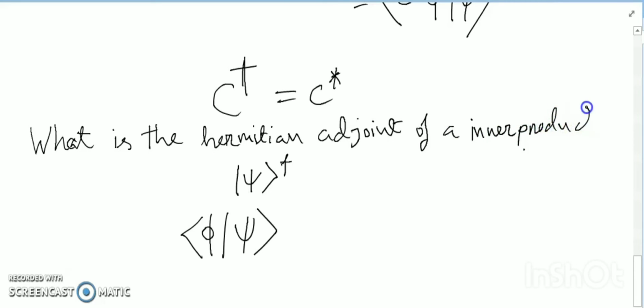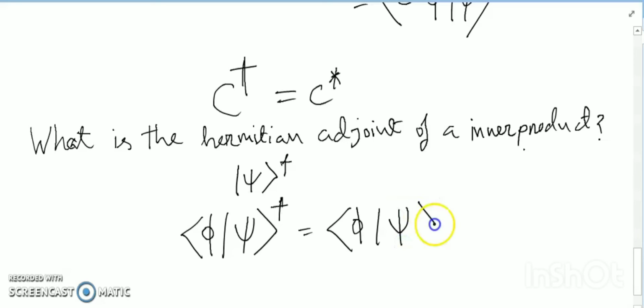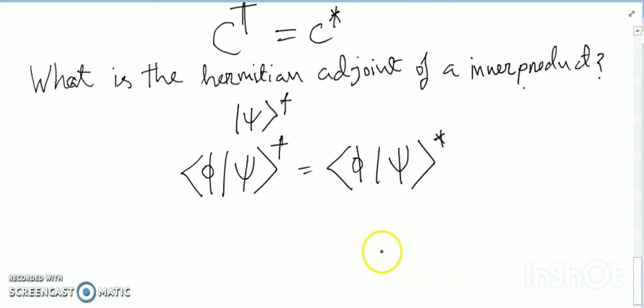An inner product is just a number, so we get the complex conjugate, which just flips the inner product. It can be written this way: the inner product of phi and psi, star, and this is the flipped one, the inner product of psi and phi.